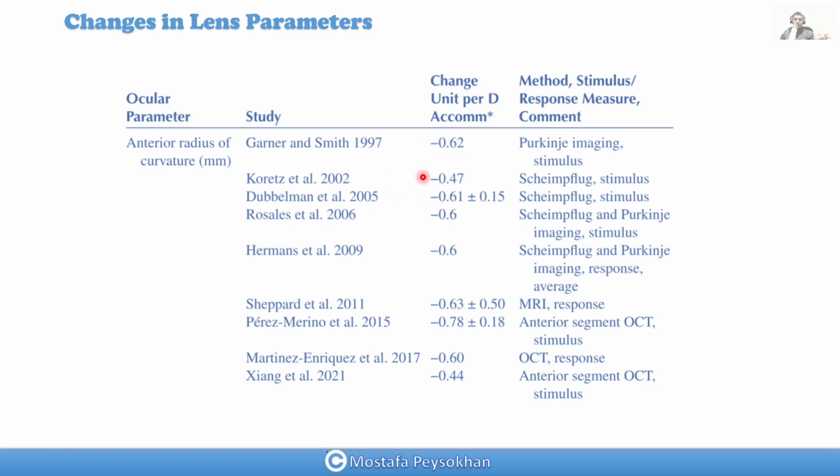This is the method they used for that measurement: in 1997, Purkinje imaging. In 2022, negative 0.47. So when you look at the data, it looks like we have a good range between negative 0.5 and negative 0.6, and in the Zemax model you can use those numbers.